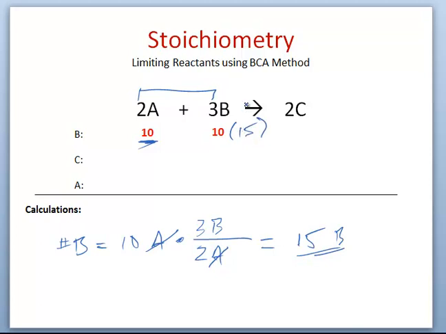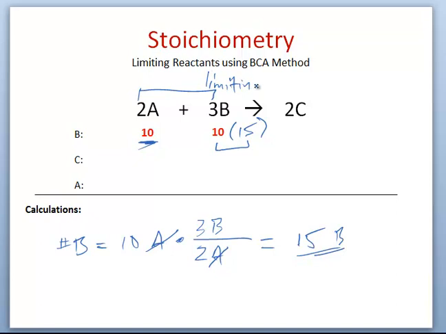All right, so then you take that number, the number of B's that we need to completely use up the A's, and we compare that number with what we were given. All right, and obviously we're a little short. We do not have enough B's to completely use up the A's. Therefore, the B's are going to be limiting.